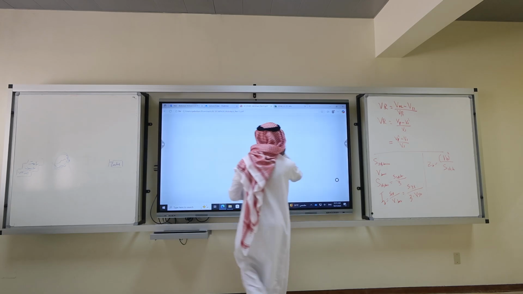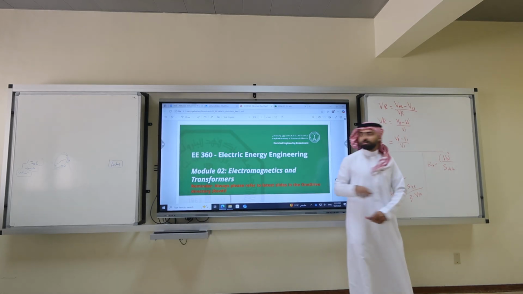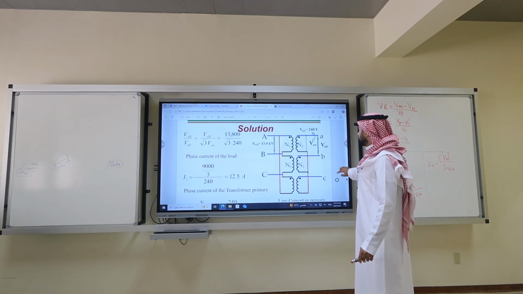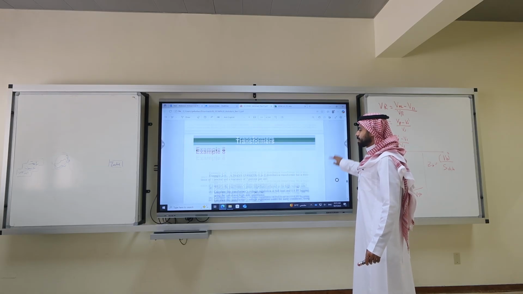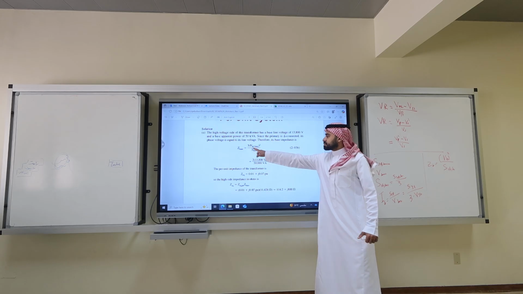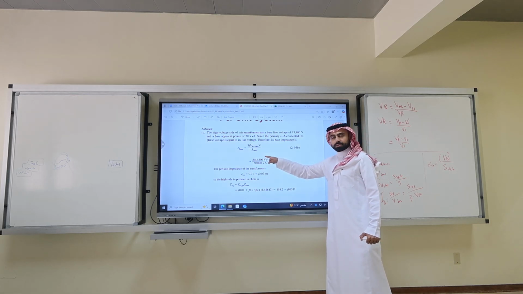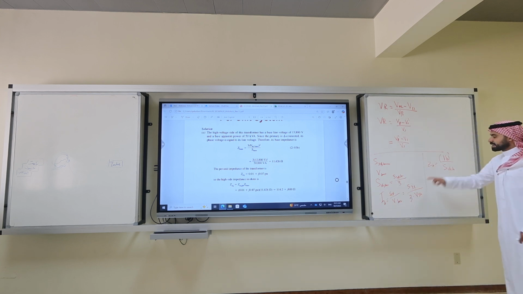So in the previous example, we started by calculating Z base. What was Z base? Z base was 13.8 kilovolt squared over 50 divided by 3.